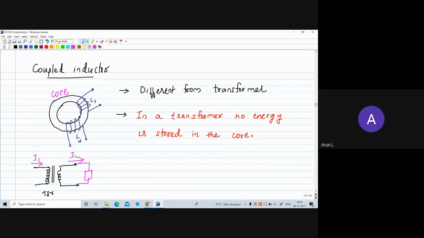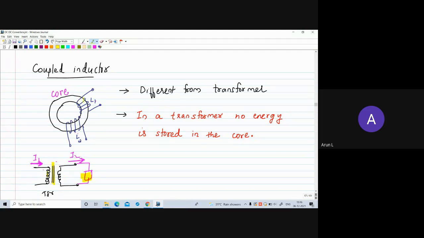So practically, whenever there is a current flowing into one winding in a transformer, there will always be a current flowing out from the other winding. Whereas in a coupled inductor, that is not the case. In a transformer, we are not storing any energy in the core. Whatever energy is coming into the input port, or the primary, is immediately delivered to the load. There is no storage of energy in the core.